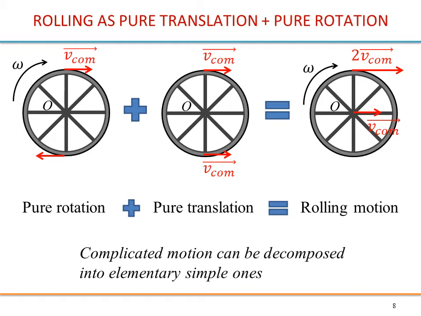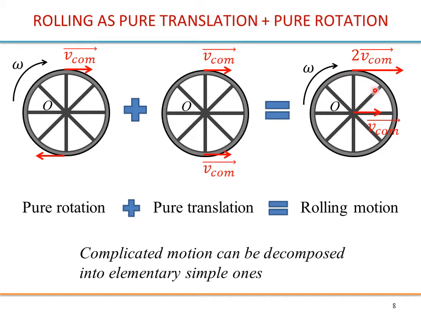So let's look at this. We have here rolling. We have seen that this point is moving at velocity Vcom and that one at velocity 2 Vcom, that particular point, because it's rotating.